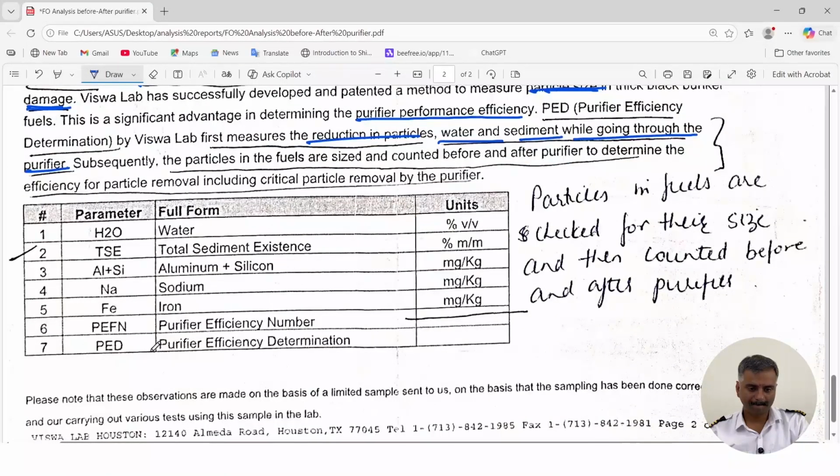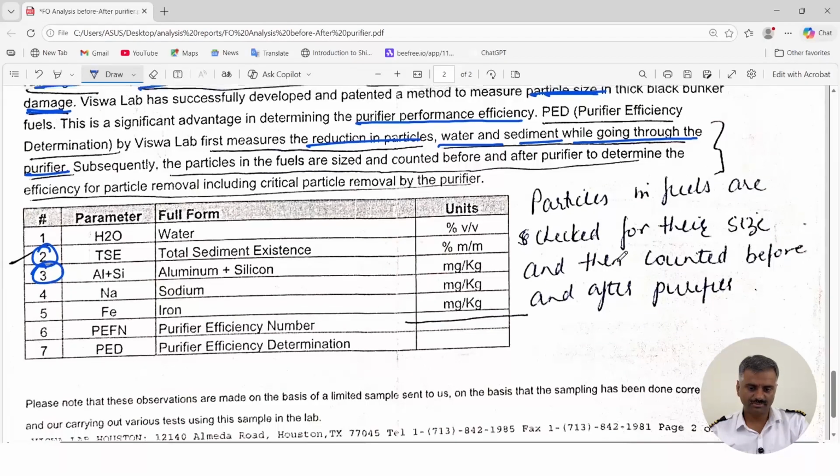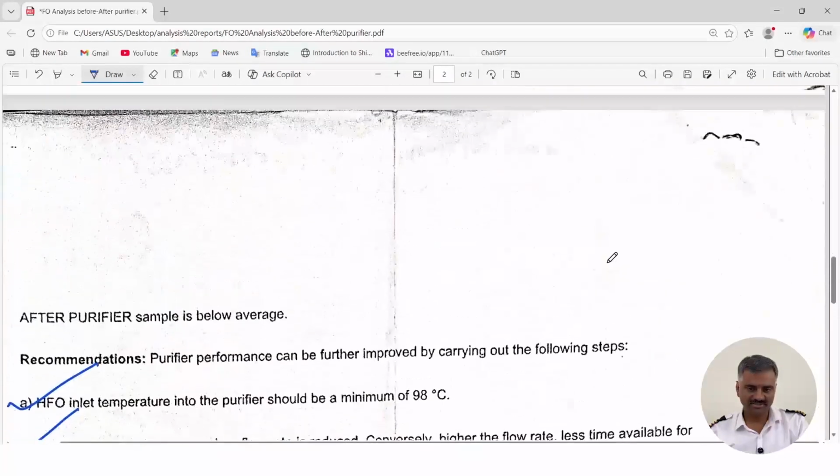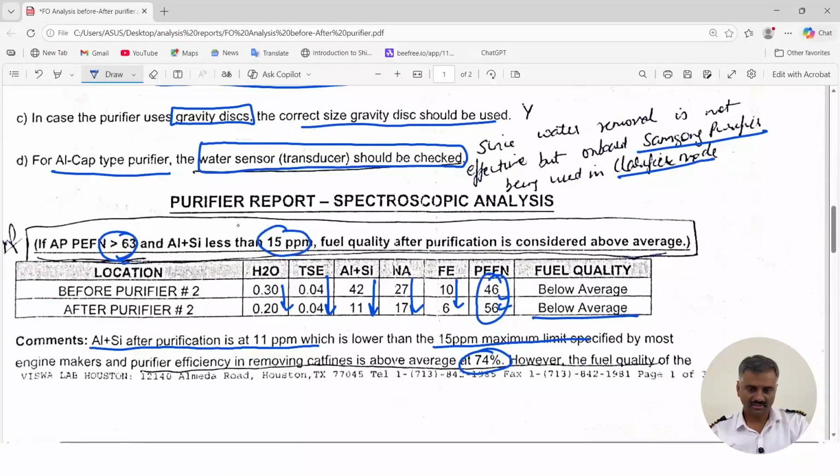Okay, purifier efficiency determination, purifier efficiency number, PEFN, and others, and they have mentioned the units: percentage water volume by volume, percentage mass by mass, total sediments, total particles. Basically particles are total sediments and alumina silica. These are particles, in mg/kg. So these are counted, you can see there are counts done.